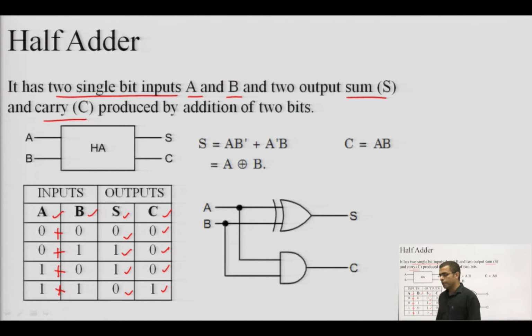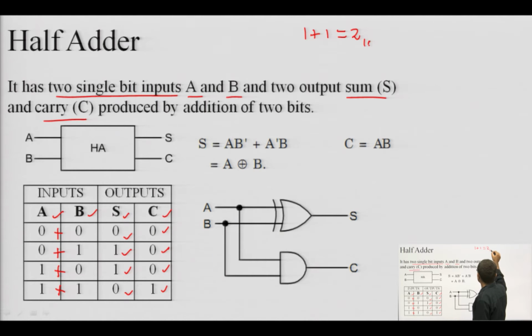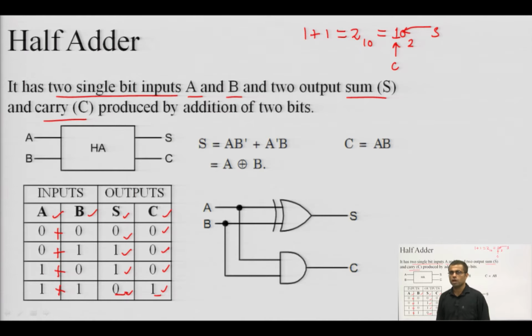Because in decimal, 1 plus 1 is equal to 2, and 2 in binary is written as 10. So, in this 10, the 0 becomes the sum part and the 1 becomes the carry part. That is why we have written sum is equal to 0 and carry is equal to 1. That is how this table is prepared for the half adder.